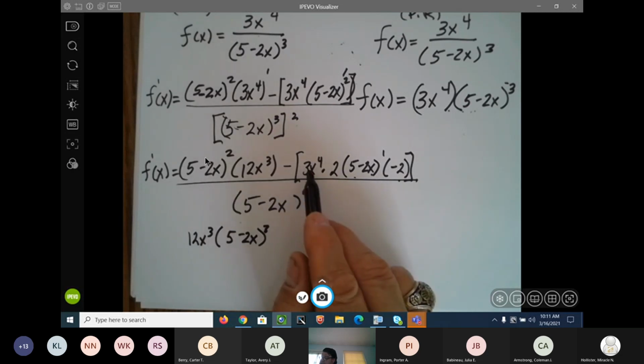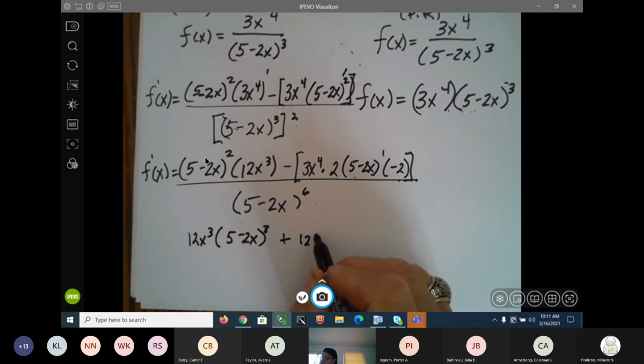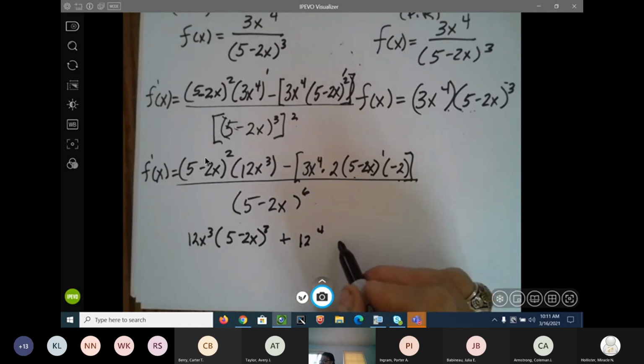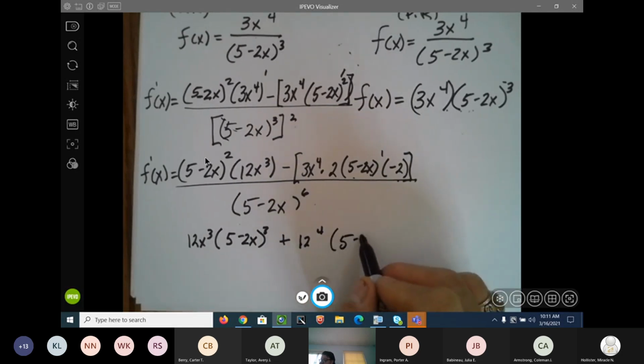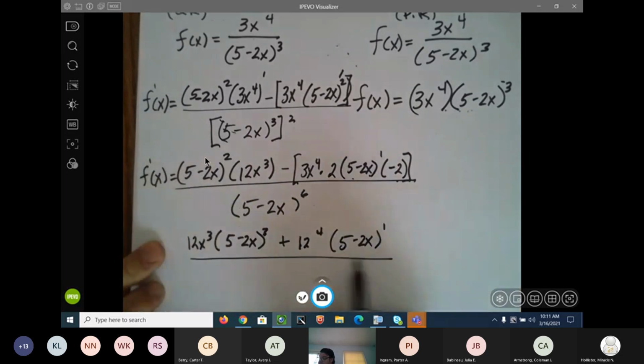And we distribute that negative, so that's going to be positive 12 to the fourth. I'll check my algebra. Times 5 minus 2x to the first. All that over 5 minus 2x quantity squared.